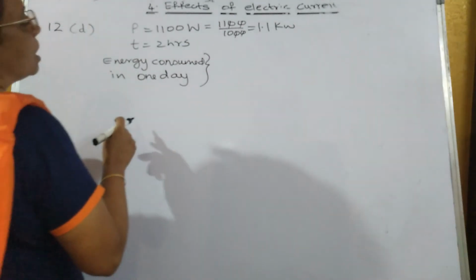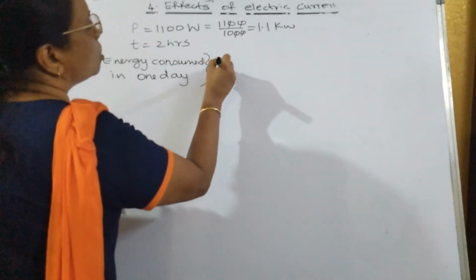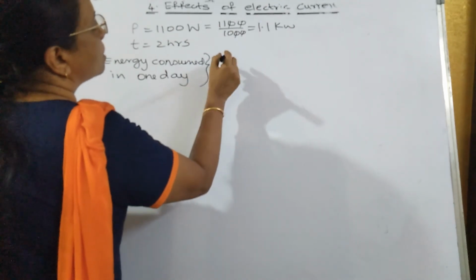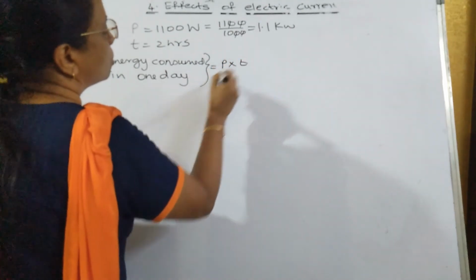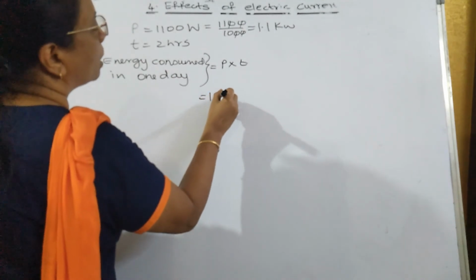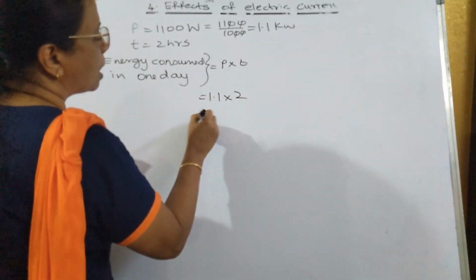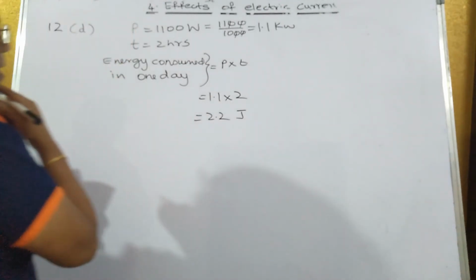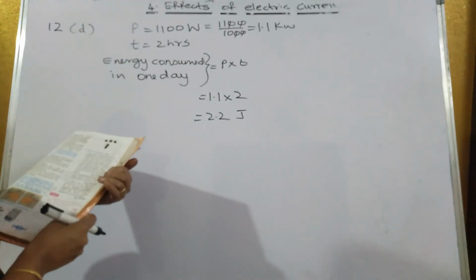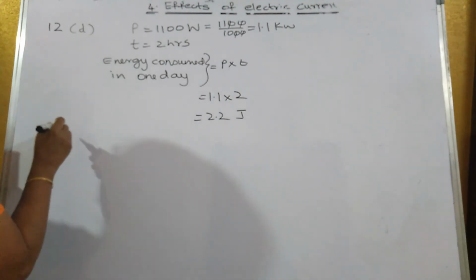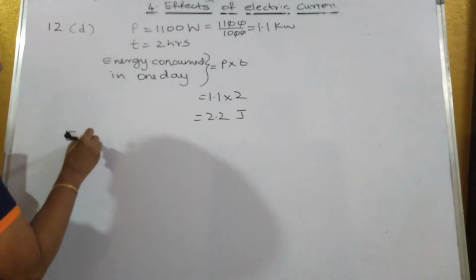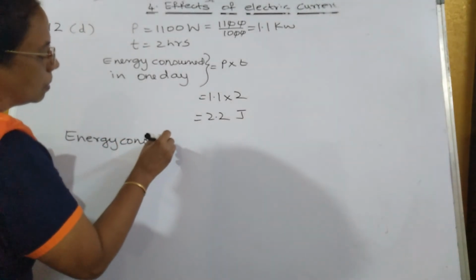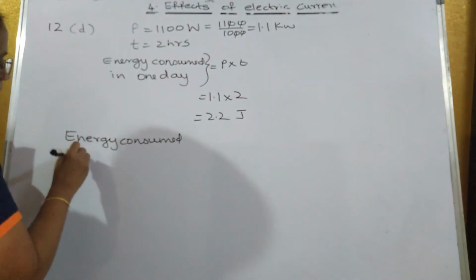So energy consumed in 1 day is equal to P into T. So that's equal to 1.1 into T, which is 2 hours, that is 2.2 kilowatt hour. Now energy consumed in month of April.